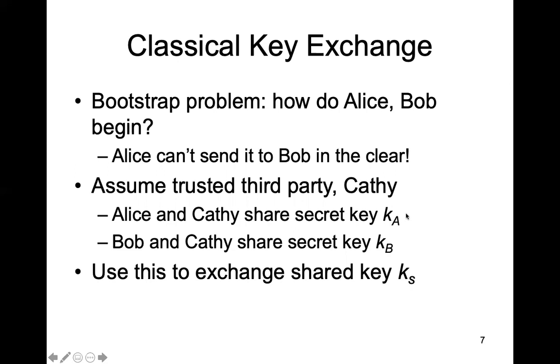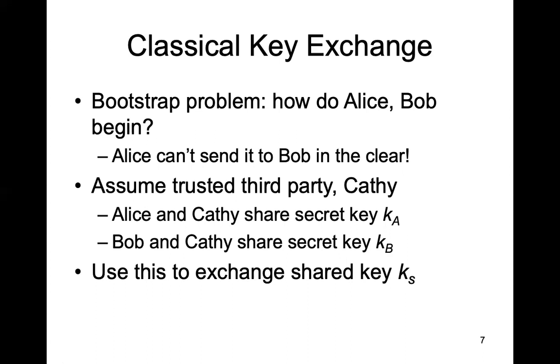Likewise, the key between Bob and Kathy is going to be assumed to be KB. Assume that Alice trusts Kathy. There is an encrypted connection between Alice and Kathy using this key KA, and likewise an encrypted connection between Bob and Kathy using KB. Using this, Alice and Bob now want to establish a shared session key KS.